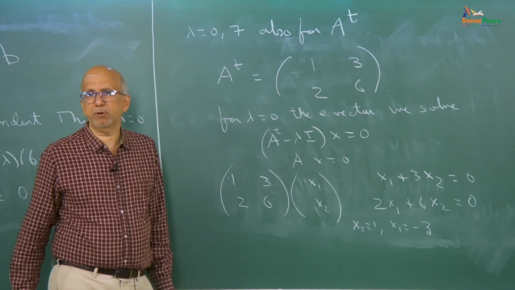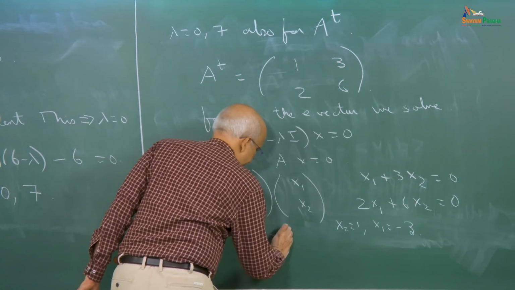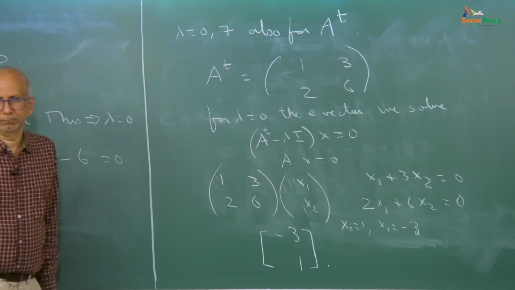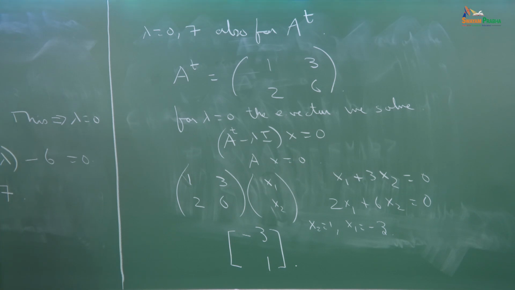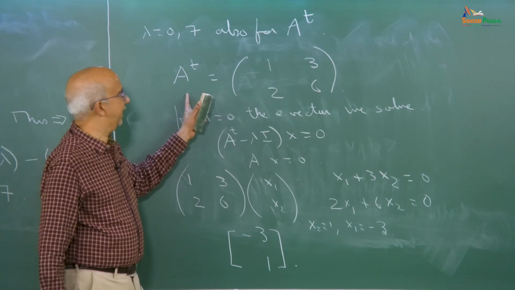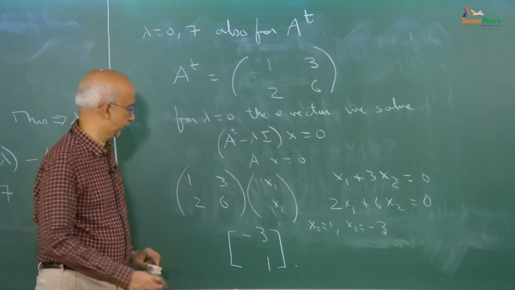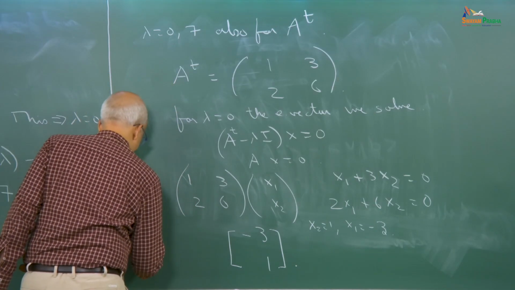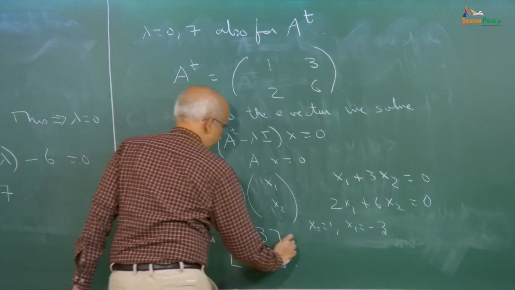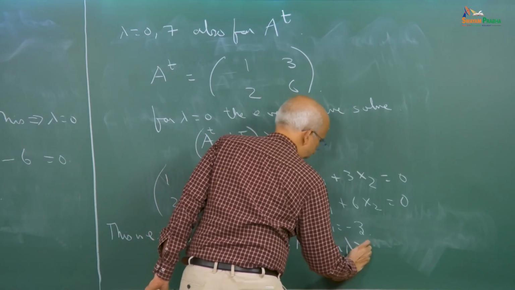So, the corresponding eigenvector is minus 3, 1. This is the eigenvector for A transpose for lambda equal to 0.